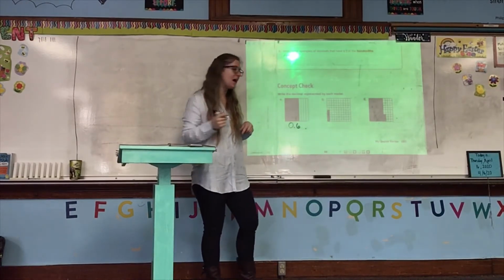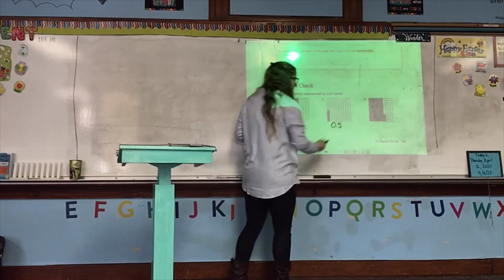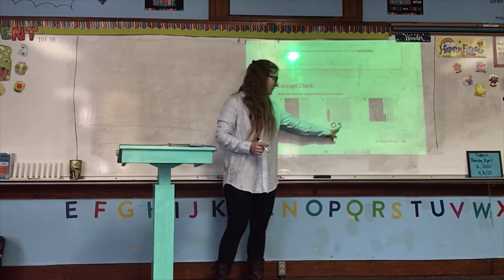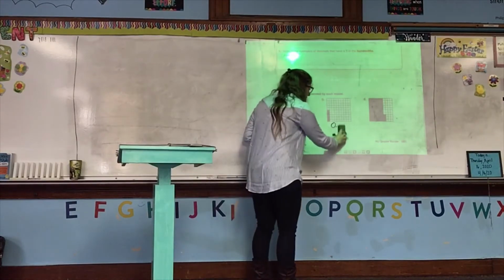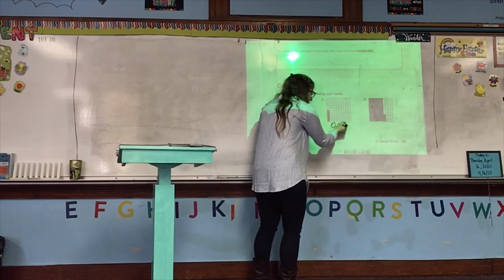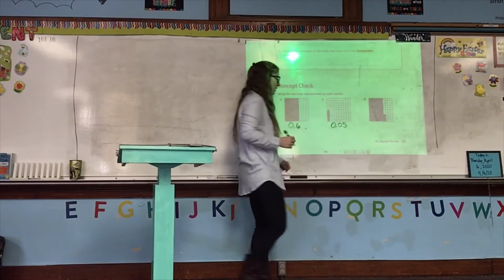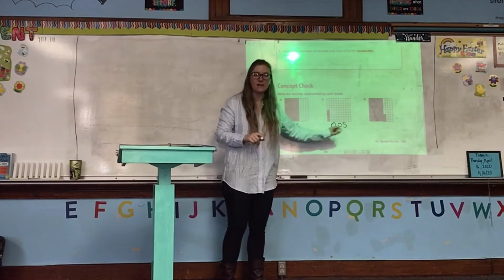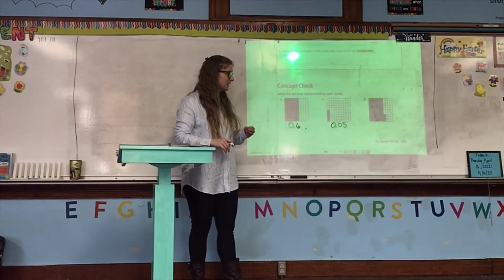So we have 5 out of 100 shaded. That does not look like 5 tenths, because that means 5 out of 10, not 5 out of 100. We have no full columns, so we know there are no tenths, and there are 5 little individual pieces, so we have 5 hundredths.